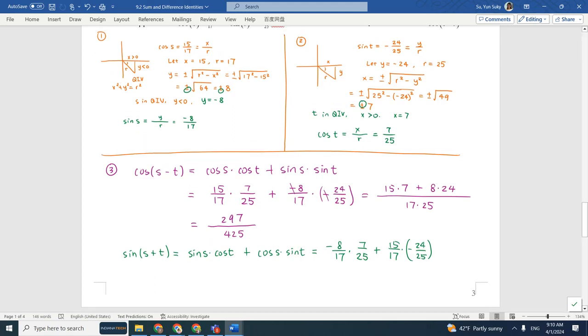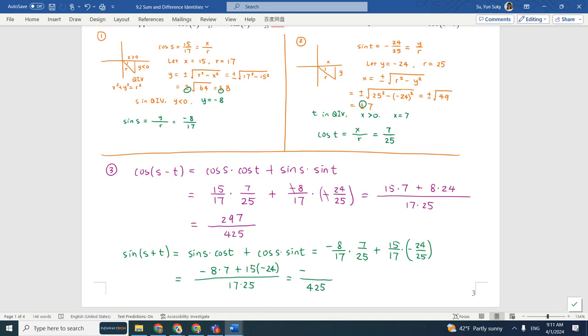And therefore, we plug in. So do you see the denominator? They're the same. It's still 17 times 25. The numerator, we have negative 8 times 7, and then plus 15 times negative 24. Right, everybody? So that equals 425.